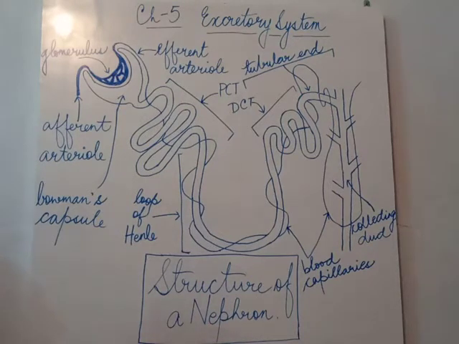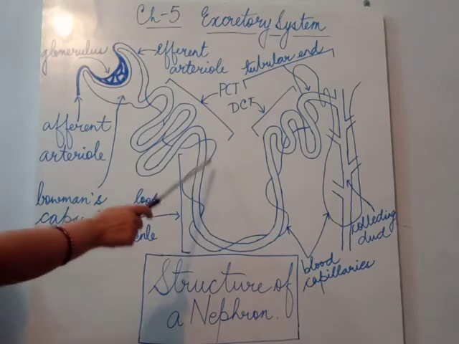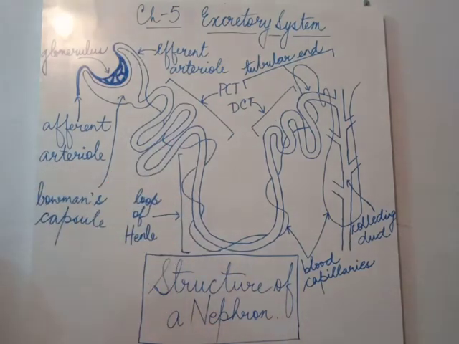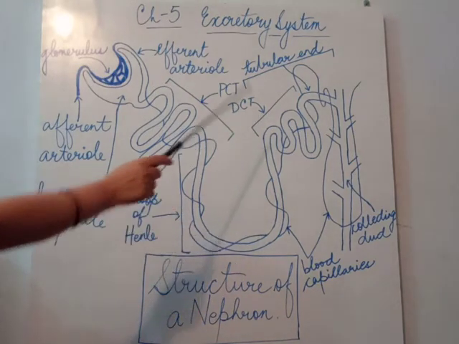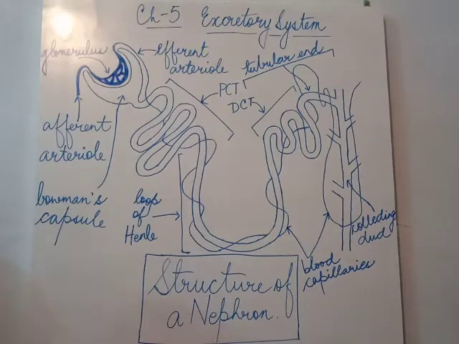This filtrate passes through the tubular part of the nephron, and from this filtrate most of the mineral salts and usually about 70% of the water is reabsorbed. The urea, a small amount of mineral salts and water remain in the filtrate and are carried to the urinary bladder as urine.